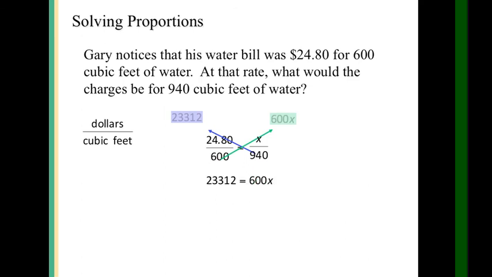Equate the two. So we have this one. Divide both sides by 600. And you will have $38.85. So, i-divide mo lang. Okay, therefore, ang 940 cubic feet of water is equivalent to $38.85.